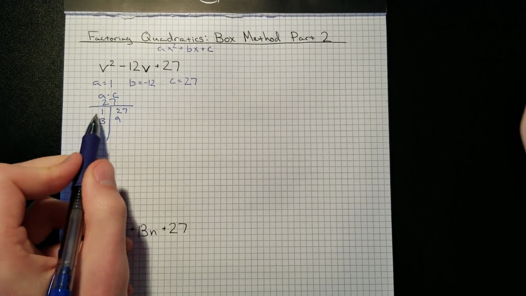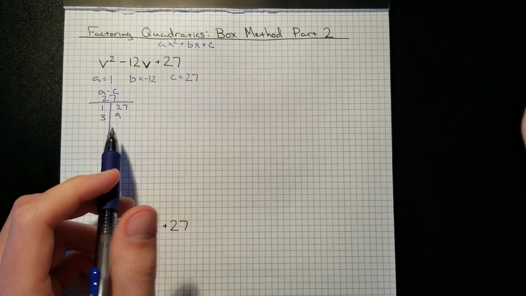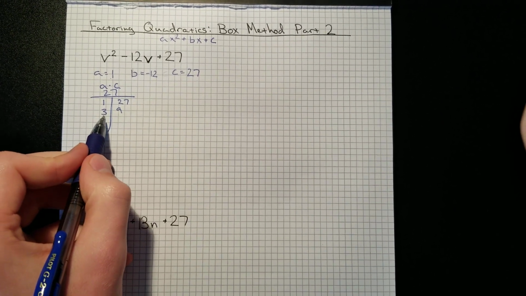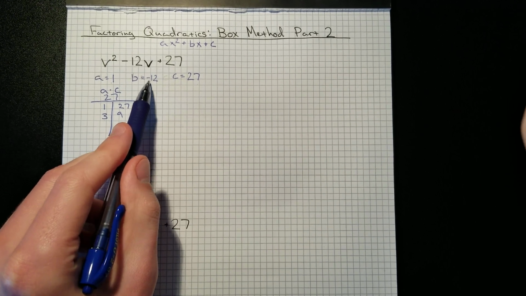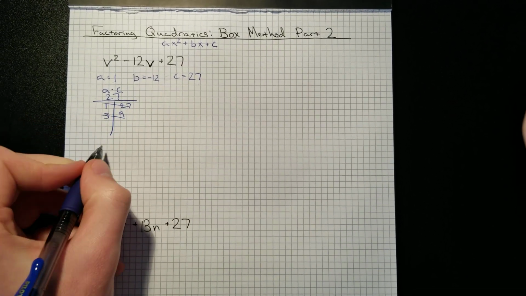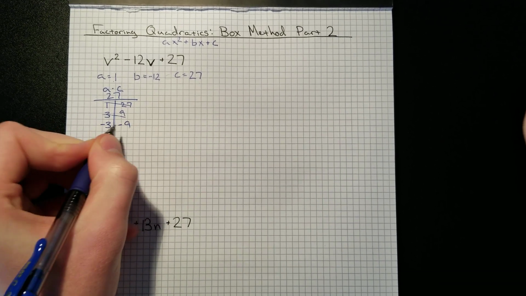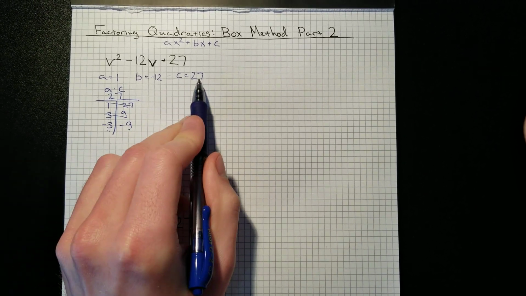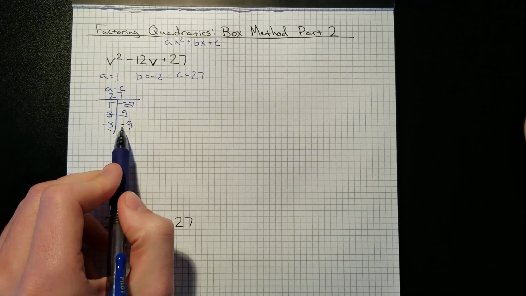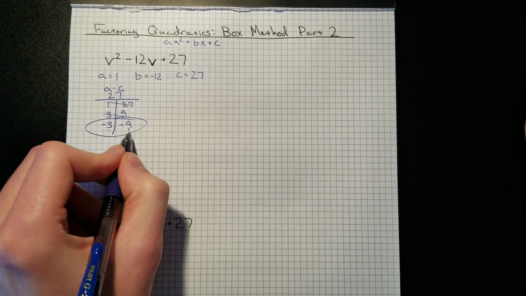Now, are any of these going to add up to b? 3 plus 9 is 12, but it's not negative 12, so these aren't going to work. We're actually going to want to use negative 3 and negative 9. Negative 3 times negative 9 is still positive 27, and negative 3 plus negative 9 is negative 12. Those are the two things you're going to want to use.